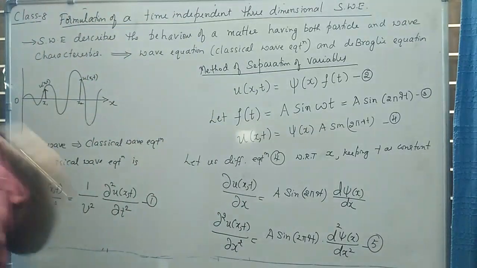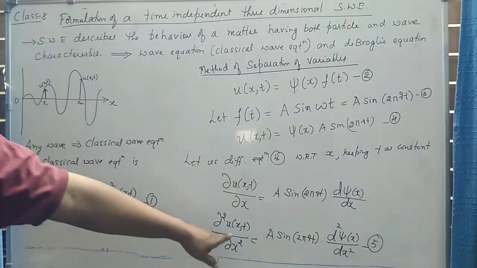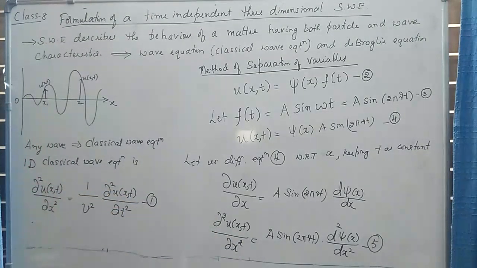So equation 5 is the expression for the double differentiation of u with respect to x.